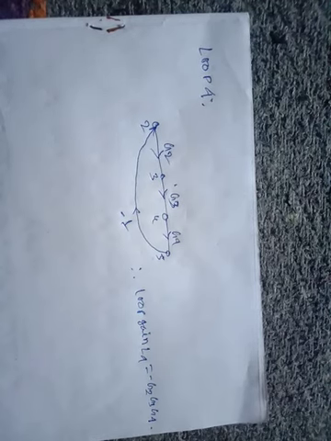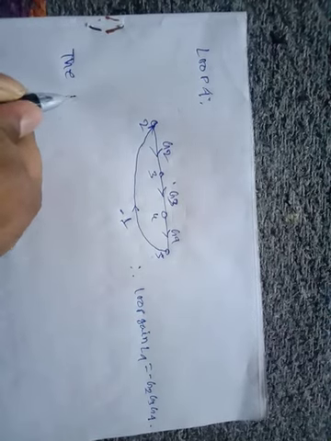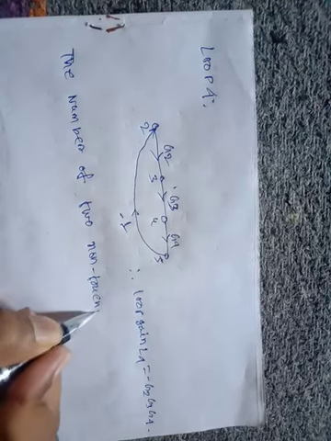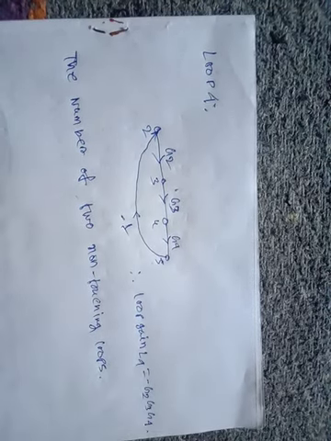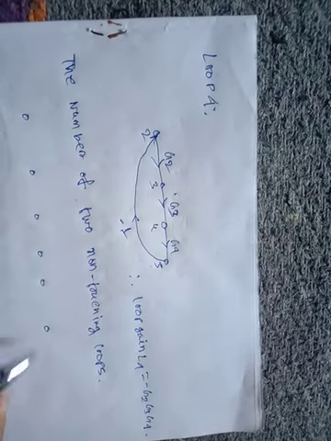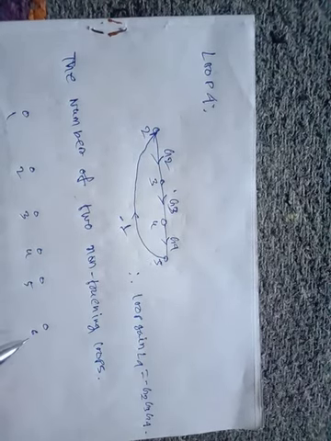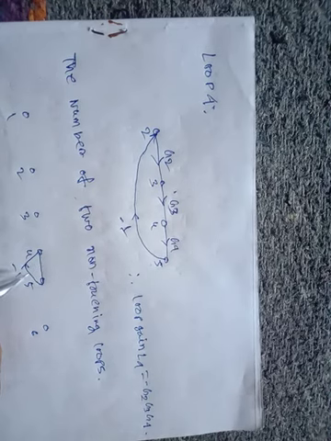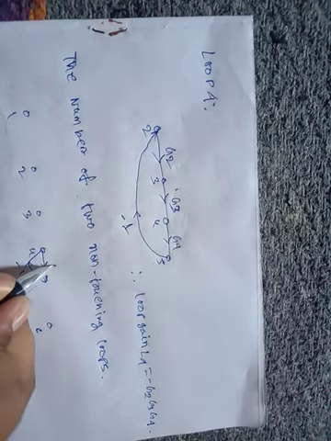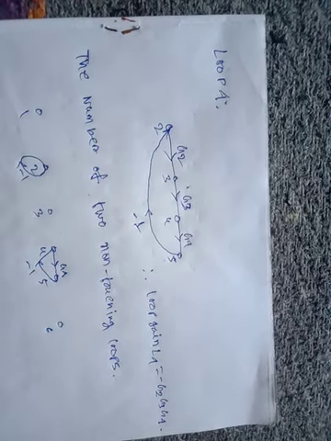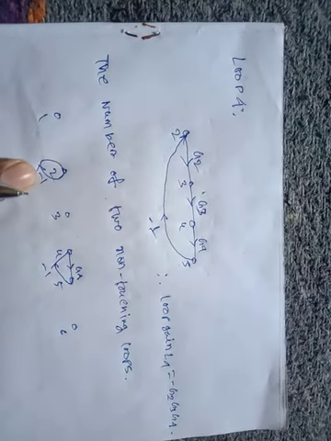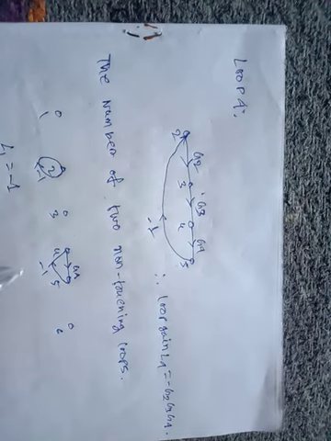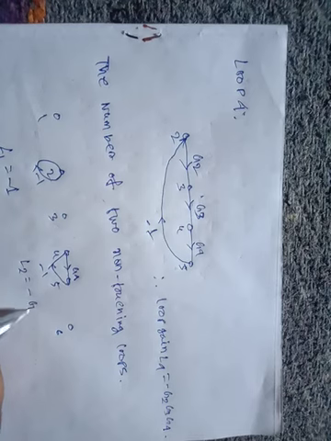Here the number of two non-touching loops: loop 1 is equal to minus 1 and the loop 2 is equal to minus G4.